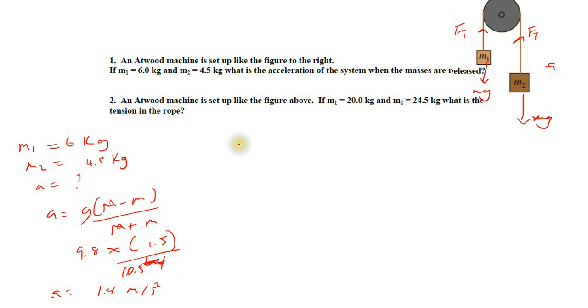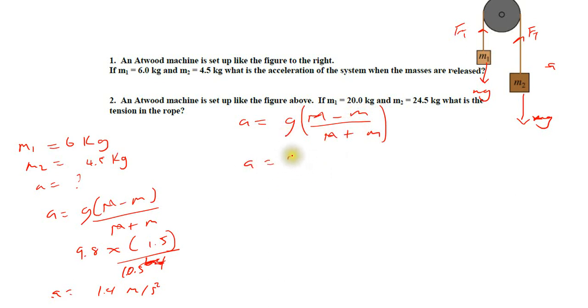Now, similar question, different masses. All they want you to do in this case is to find the tension force. What you could start off with is using the acceleration formula to say a is equal to g times big M minus small m divided by big M plus small m. Good? Now, with this being said, we can go ahead and find the acceleration.